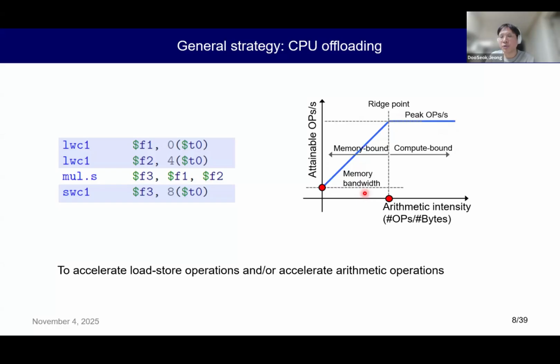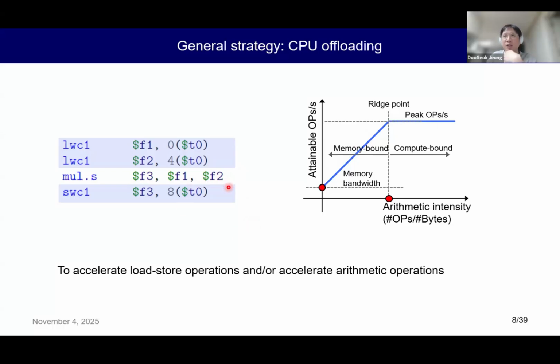Okay, but what if you have some model which has very low arithmetic intensity? In an extreme case like a dense layer, you load one weight and you do a single operation. If that's the case, the arithmetic intensity is extremely low. Then what is actually determining the performance of the hardware is not the peak performance, but the memory bandwidth. It's like you have a water tank, and you process the water in the tank, but you first have to fill the tank, then you process the water, right?